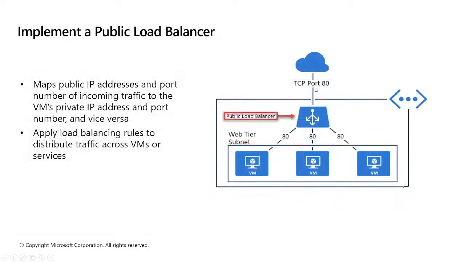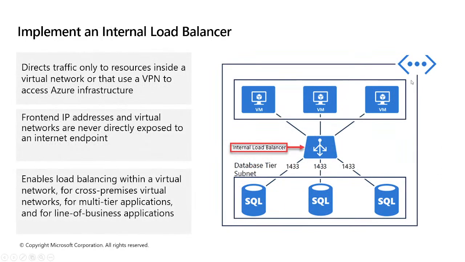If you see this other one, the incoming traffic is outside this particular virtual network, because the traffic is from the internet. But here, we are talking about traffic within our virtual network, within our environment.